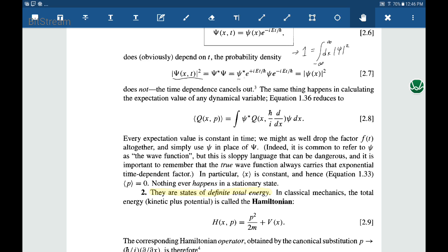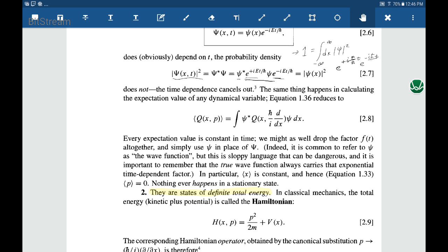If I integrate this guy, you see that our time factors are just going to cancel out. I get e to the plus i e over h bar. I think I said e too many times there. And then times this.